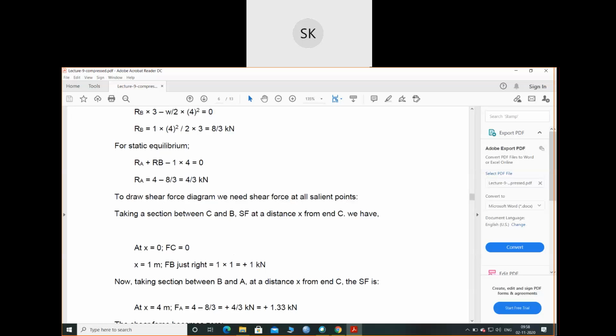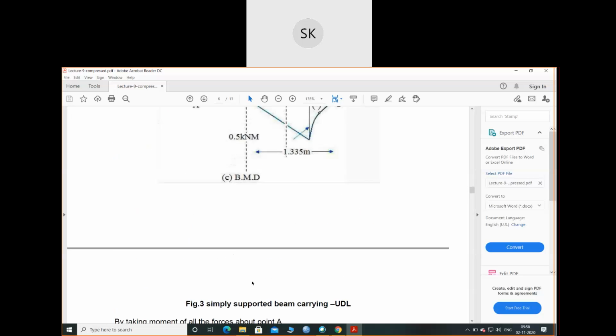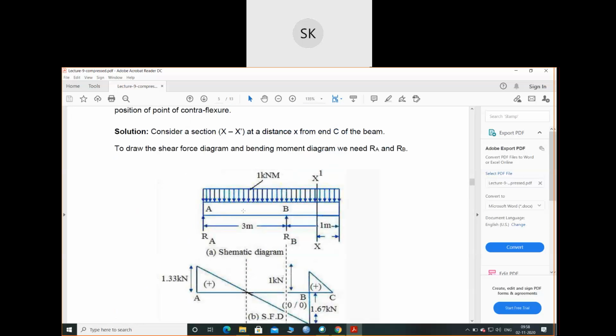Now I'm taking the next section between B and A. If I take a section at this position, what will be my shear force equation?